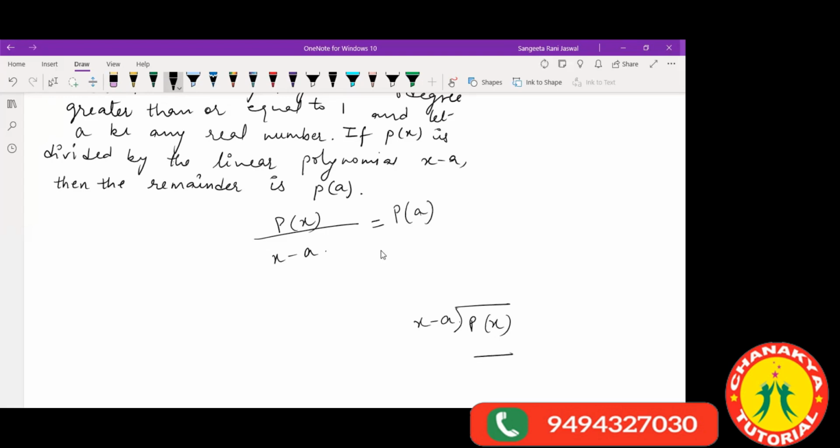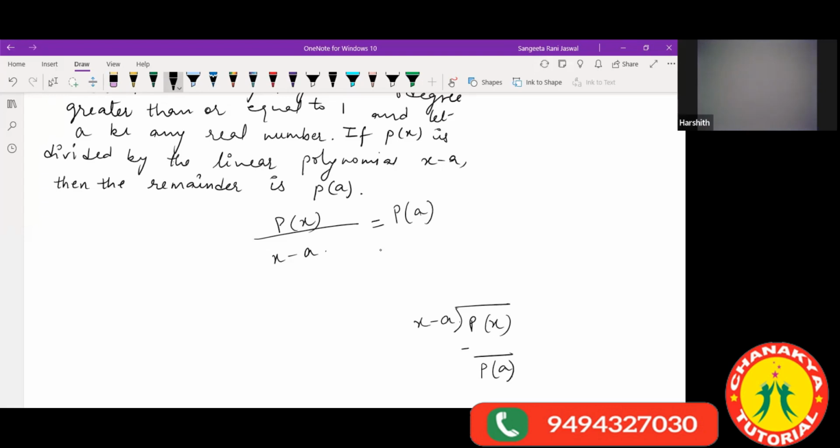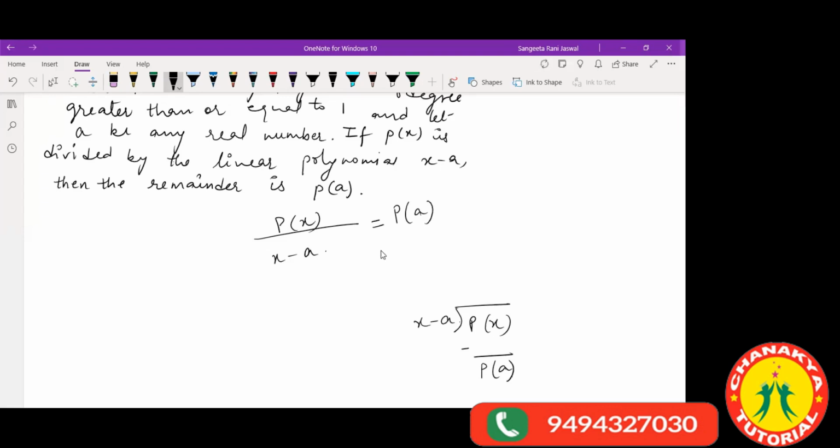Okay, I get the remainder as p of a. You got it? Yes, ma'am. Do you understand this? That means whatever I get the remainder, that remainder can be written in the form of p of a. What is a? A is the same number which is here.